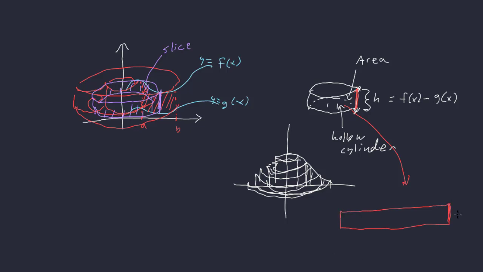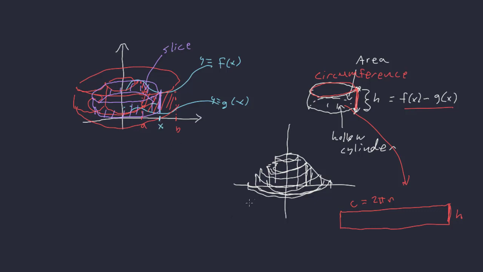This would be the height, and this length here would be the length around a circle, which is the circumference. The circumference is 2 pi r, so we need to figure out what our radius is going to be, because we have our height.